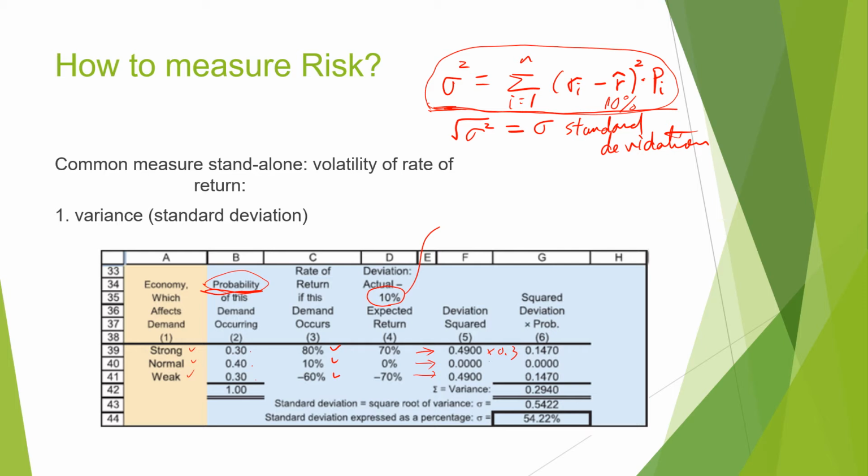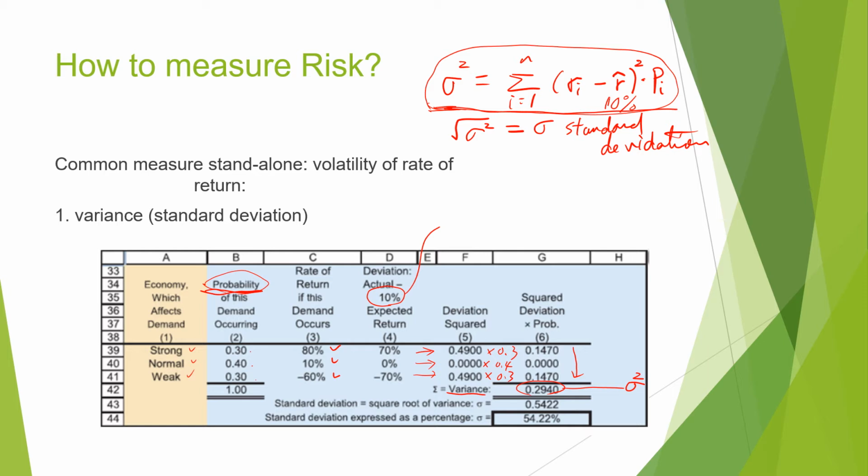And here multiplied by 0.4, 0, multiplied by 0.3, you get 0.147. And you add all of these up, and this number is variance. This is sigma square, little sigma square. That's variance. And then square root.